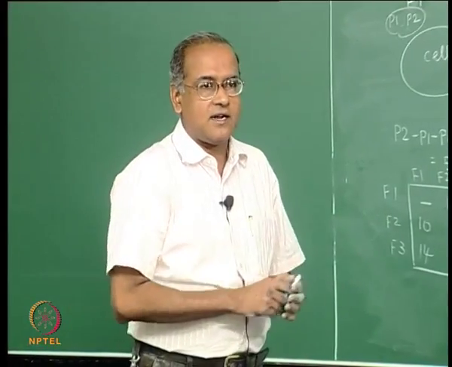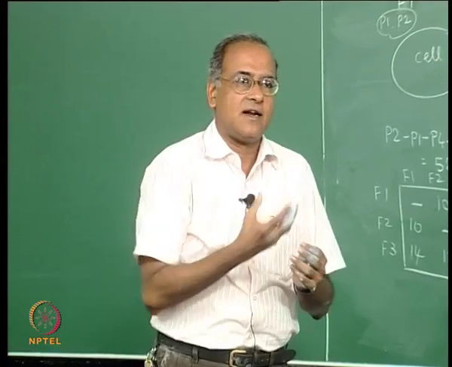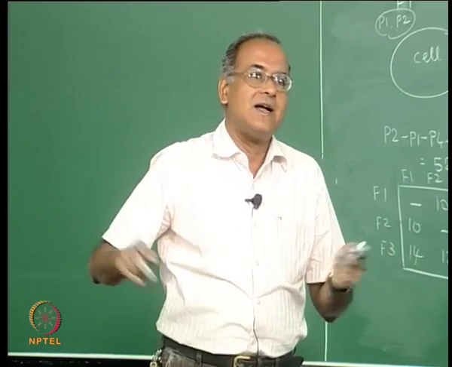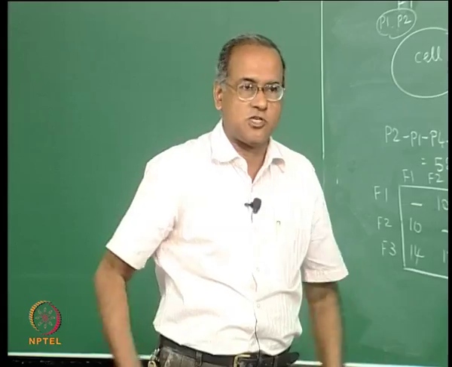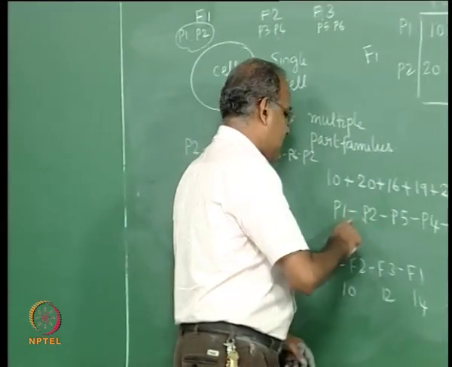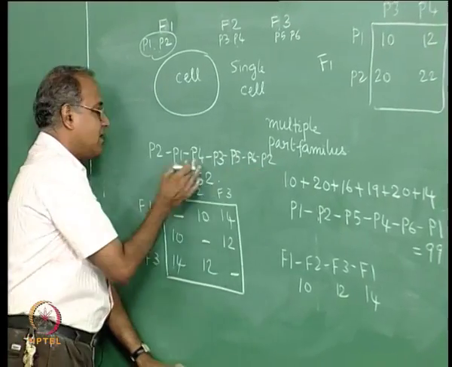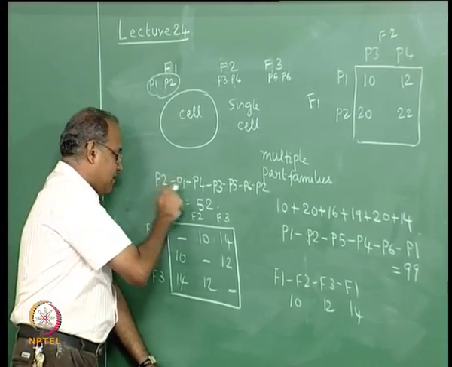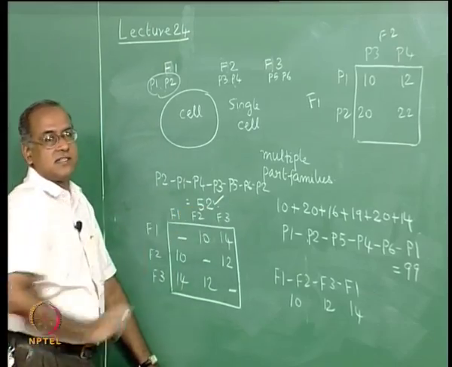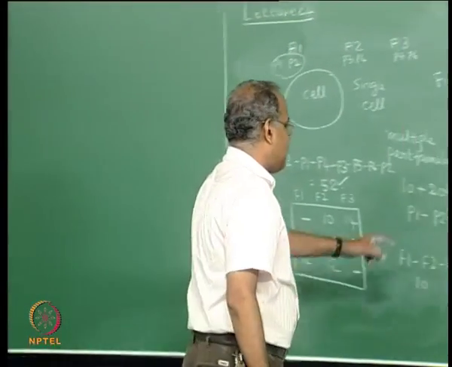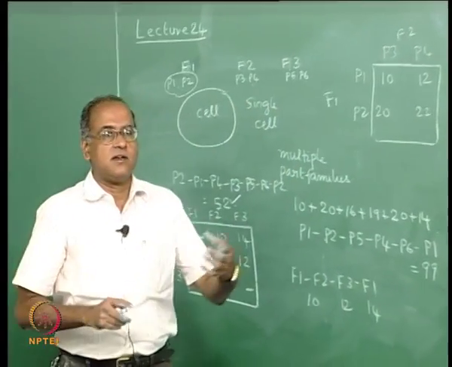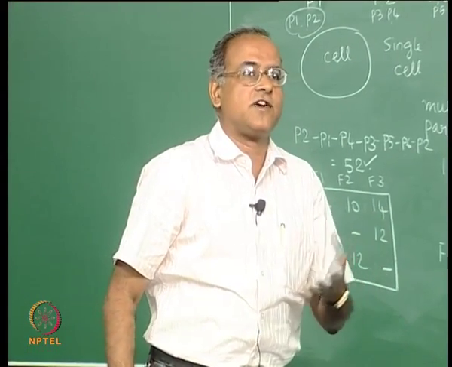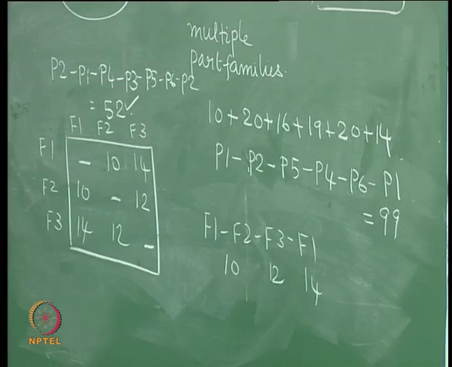So, this would ensure that the items are taken in an order such that within a part family we follow that rule, and amongst the part families we follow a certain rule, and since all of them are based on minimum changeover, at the end we get a sequence F1, F2, F3 and back to F1, and within that the sequence would give us a smaller changeover time compared to first in first out, where parts belonging to different families can arrive, and first in first out can give us a not so good solution.